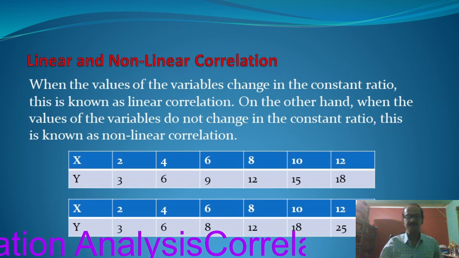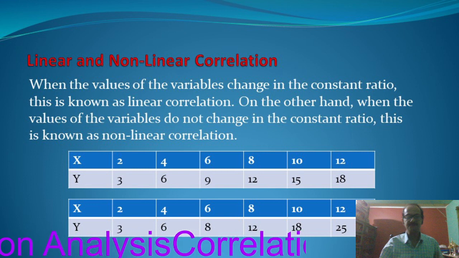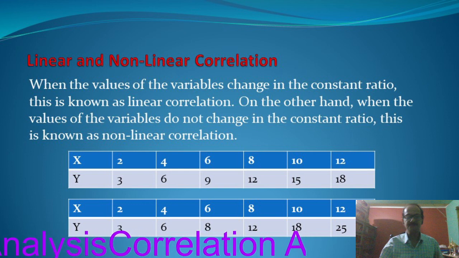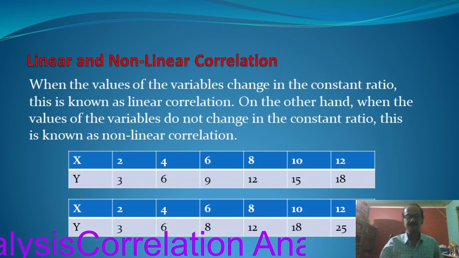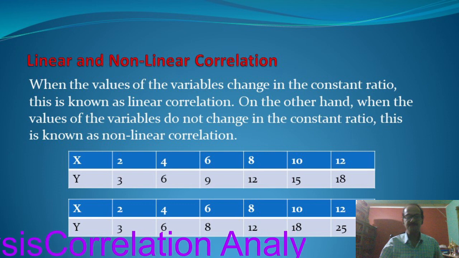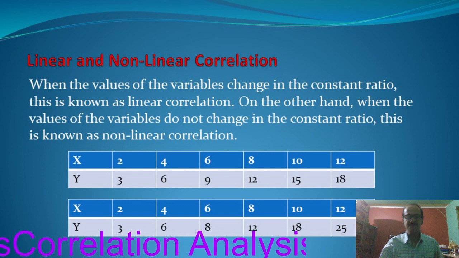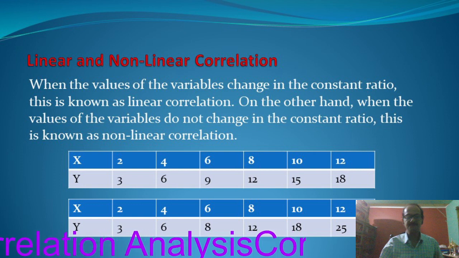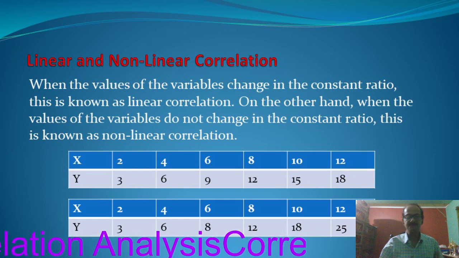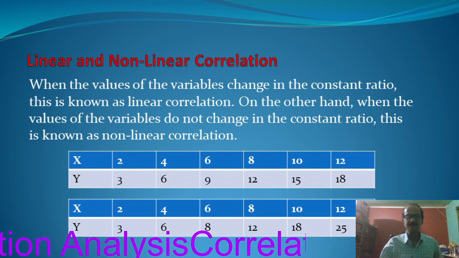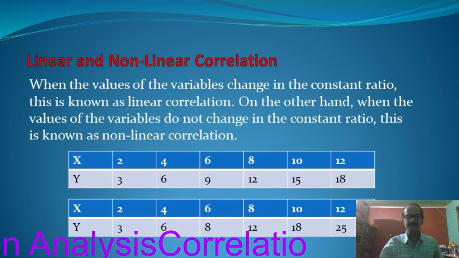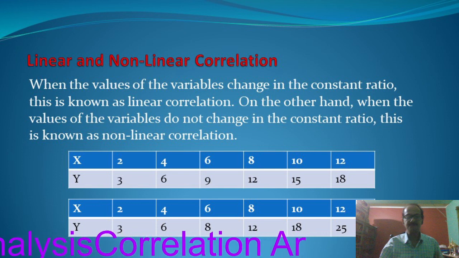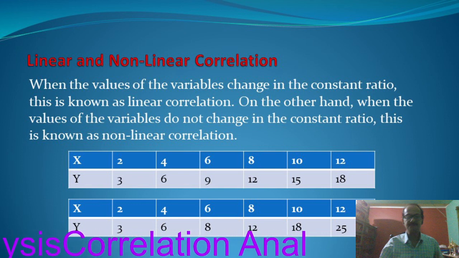Now, linear and non-linear correlation. When the values of the variables change in a constant ratio, this is known as linear correlation. On the other hand, when the values of the variables do not change in a constant ratio, this is known as non-linear correlation. Here you see x increases by 2 this way: 2, 4, 6, 8, 10, 12.